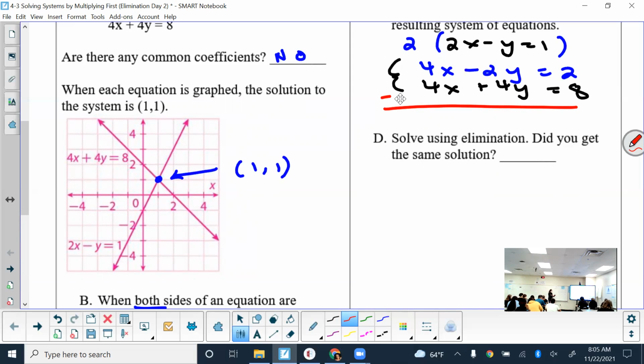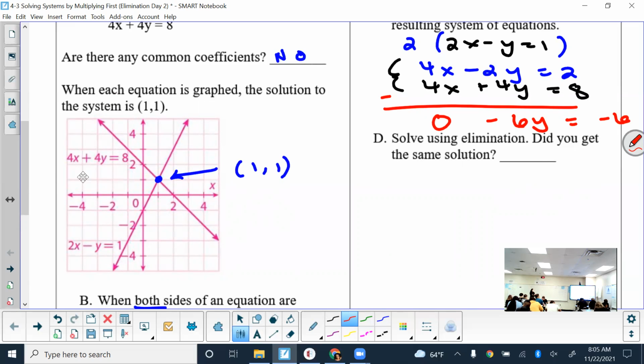So when it's the same sign, you subtract. What's 4x minus 4x? What is negative 2y minus 4y? Negative 6y. And then 2 minus 8.